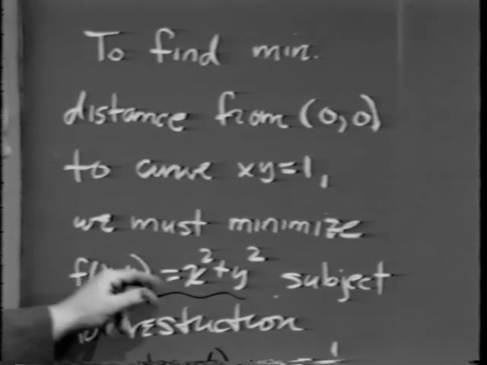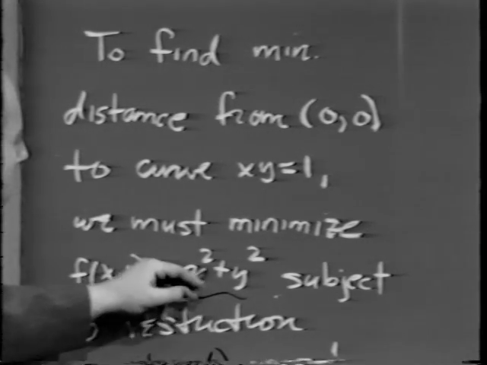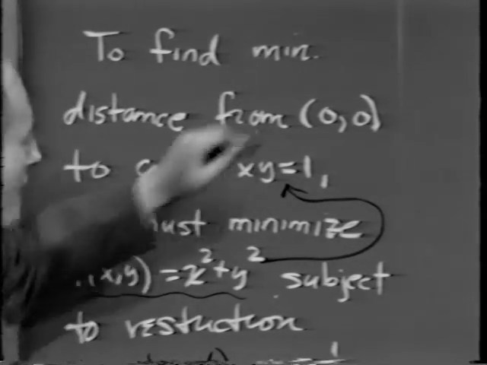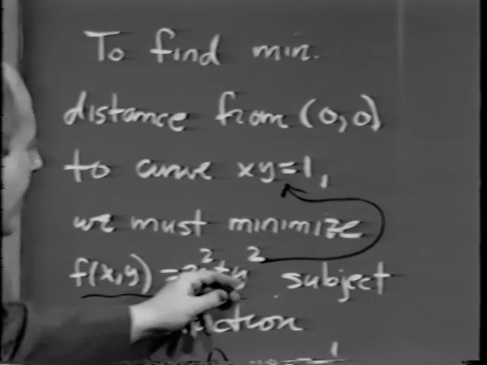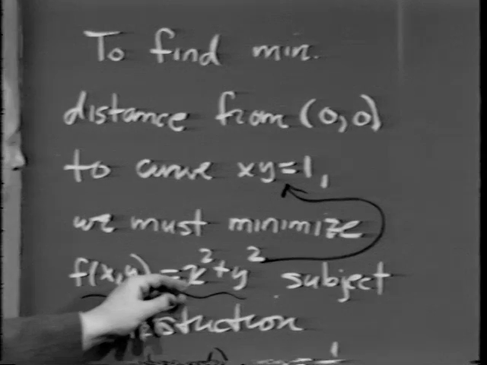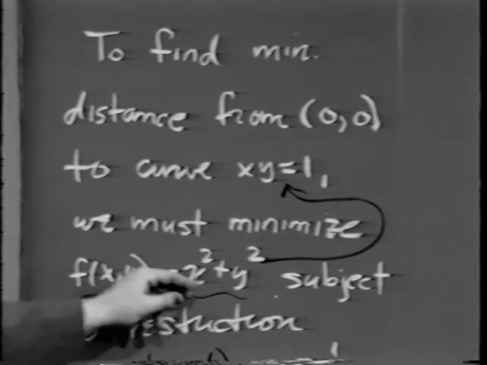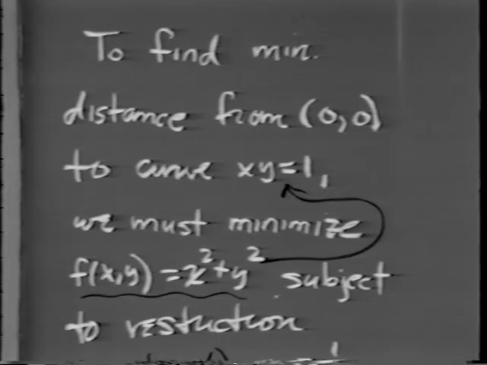The trouble is, you don't want the distance from the origin to any old point. The point that you're investigating has to be on the curve xy equals 1. And that means that x and y for your investigation in this problem are not independent. Namely, x and y are related. Now, by the way, sometimes this equation can be so messy that we cannot solve for y explicitly in terms of x.